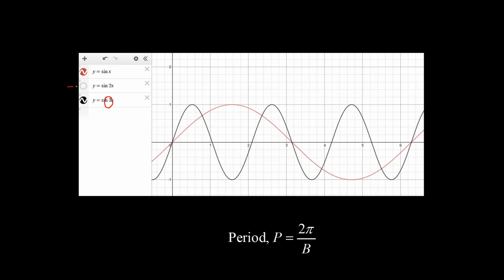Now, I got rid of the sine 2x because it'll make the graph look a little cluttered. So that one's not displaying. So let's multiply x by 3 now. And look at the black line. The black line, here's the hill, the valley, and then the black line period ends right here. This is the period of the black line.